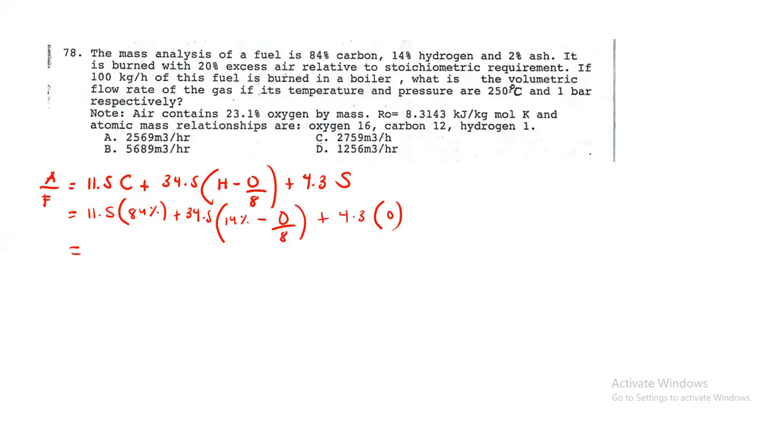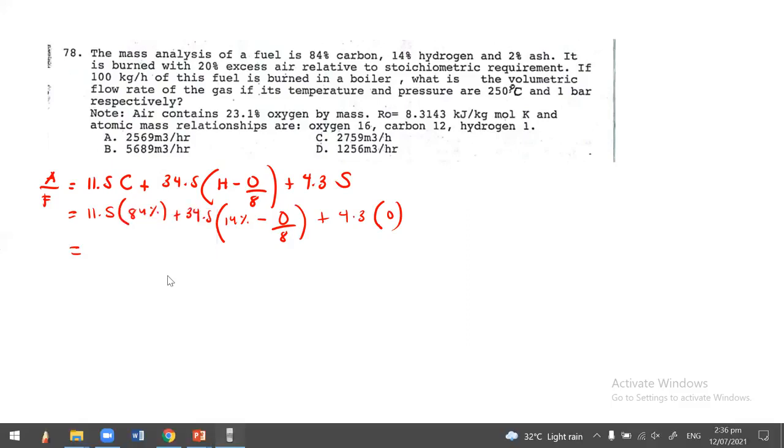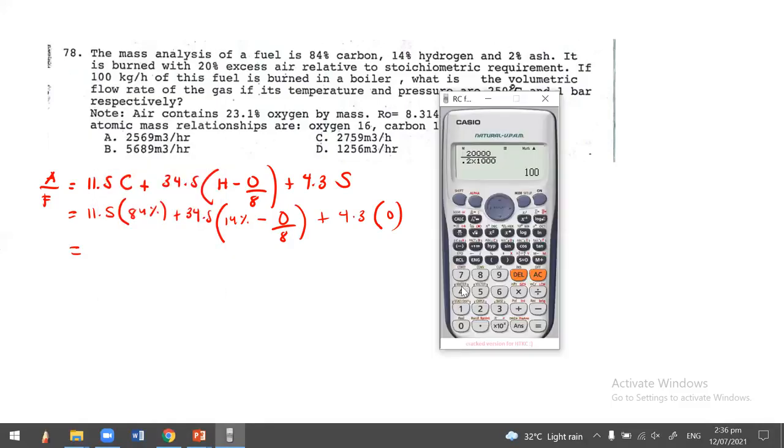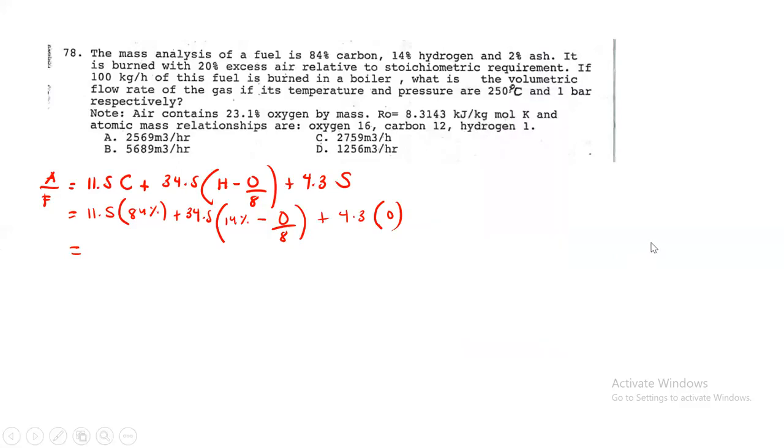So, 11.5 times 84% plus 34.5 times 14% minus oxygen na 0 plus 0. So, ito is 14.49.